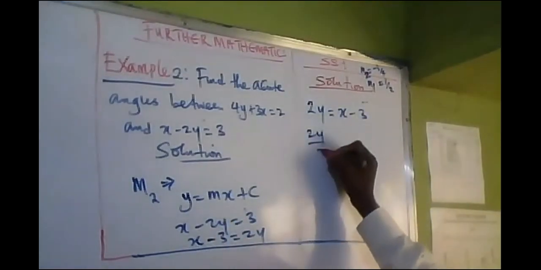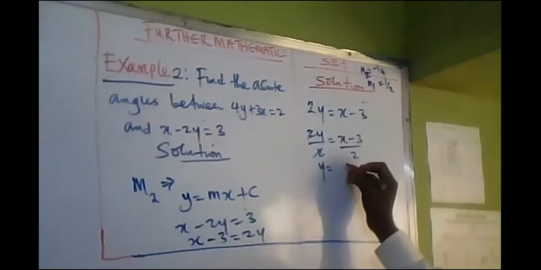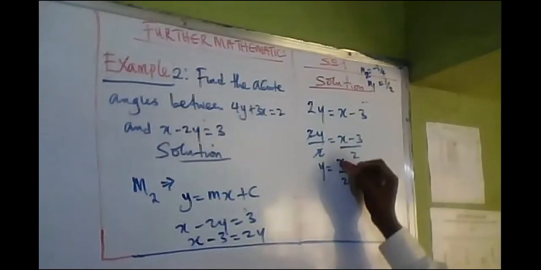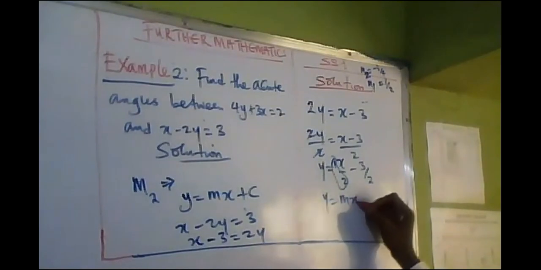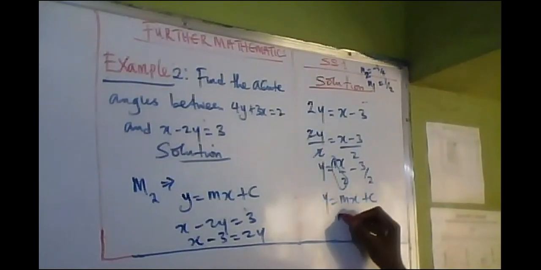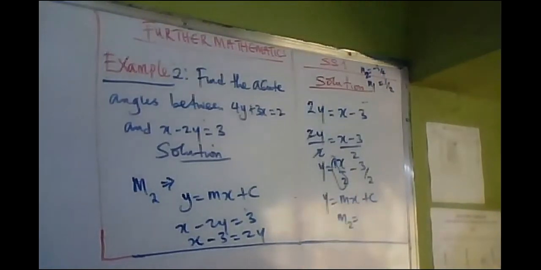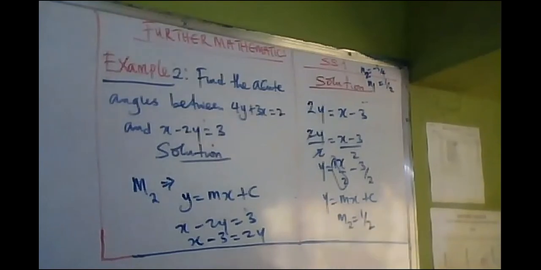Divide both sides by 2: x minus 3 over 2. This cancels this. y will now give me x over 2 minus 3 over 2. There's an invisible one here. So y is equal to mx plus c. Our m2, that's the second gradient, is half.